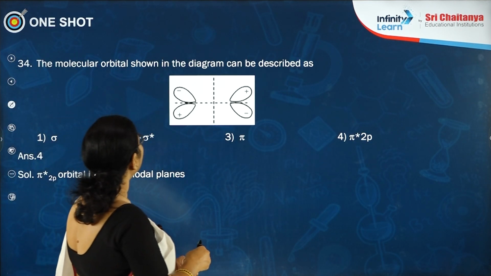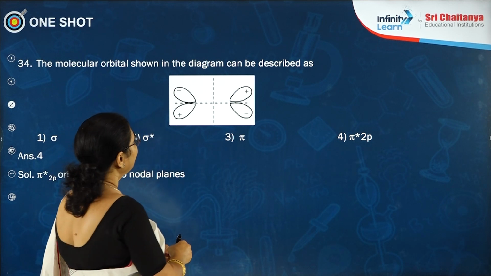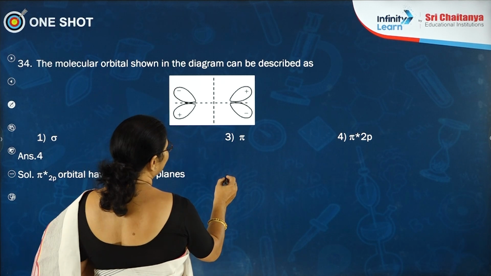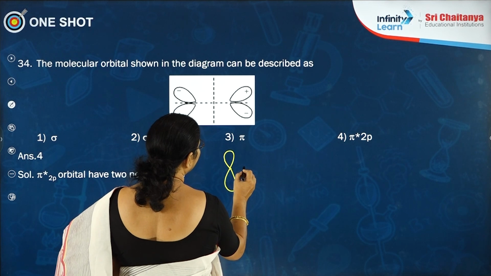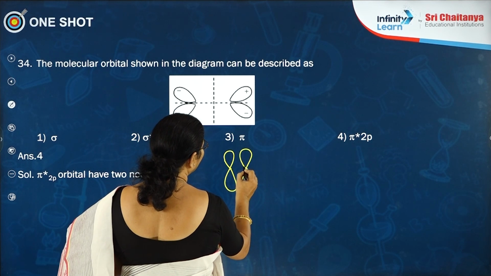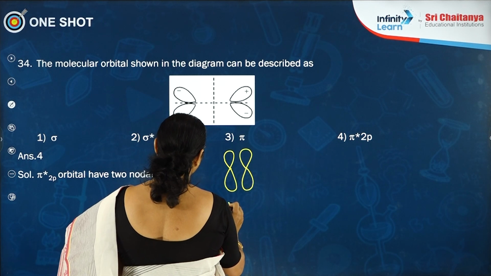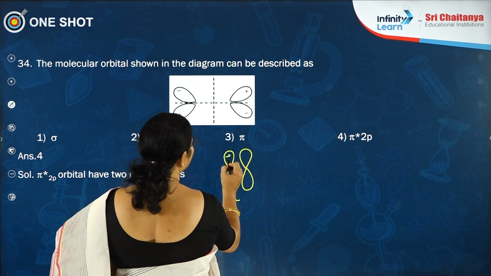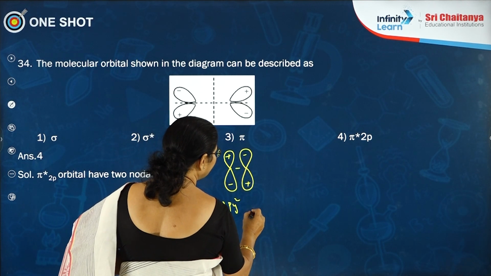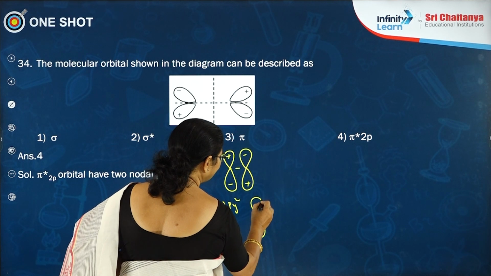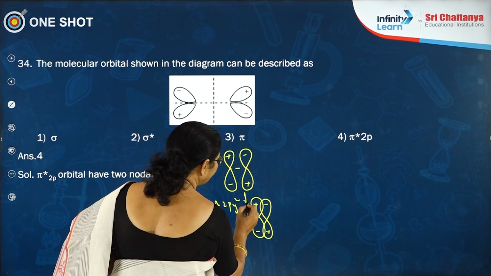Next, the molecular orbital shown in the diagram can be described as, this is one orbital. How this bond formation takes place, I will explain. For example, if you take 2px2 or 2py2, subtraction of wave functions results in the formation of a bond like this: positive, negative, negative, positive.